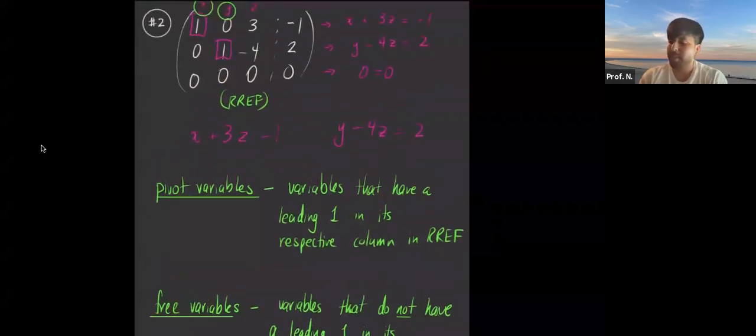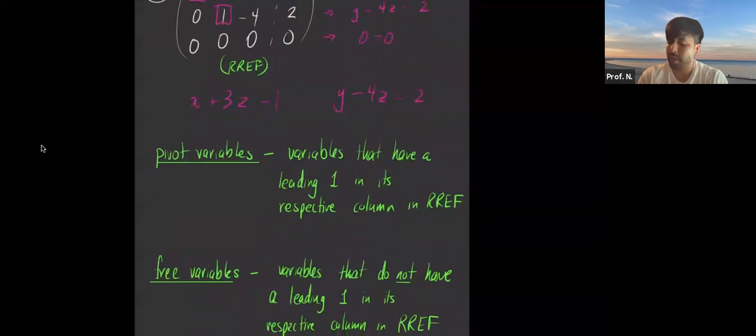So what's the free variable? Z. This is the X and Y variable, and this one here is Z.